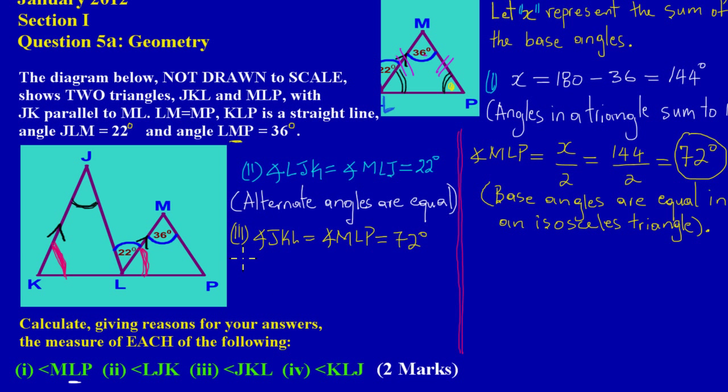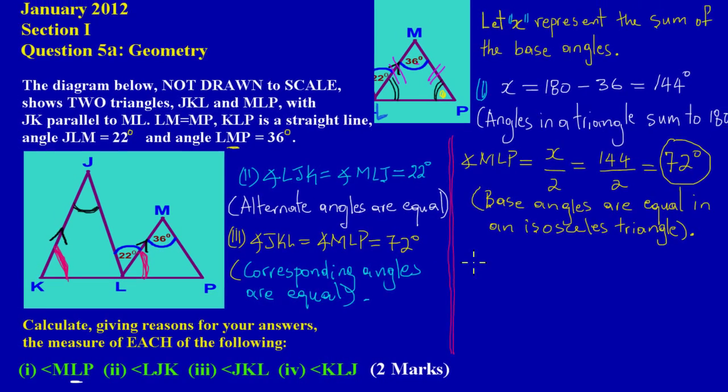And our reason for that, my friends, and we can state it clearly here, our reason is that corresponding angles are equal. So that's the size of our angle JKL. It's 72 degrees.